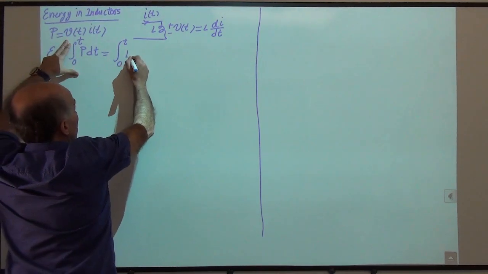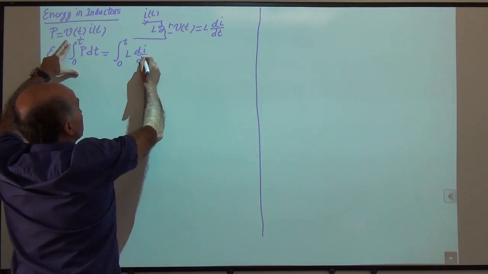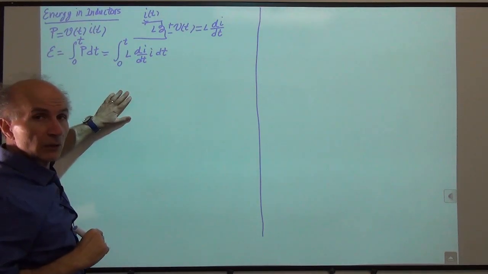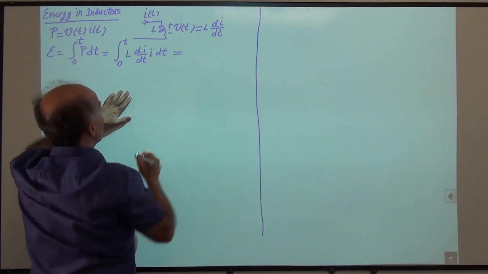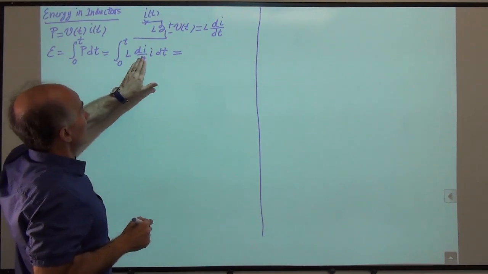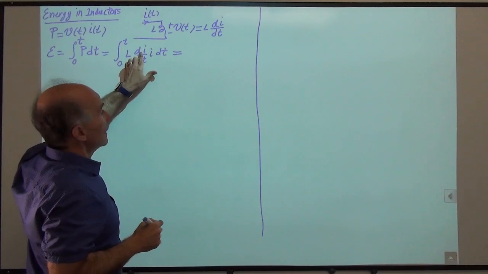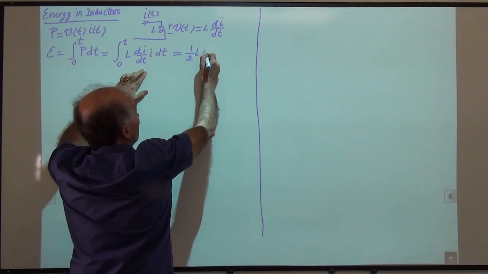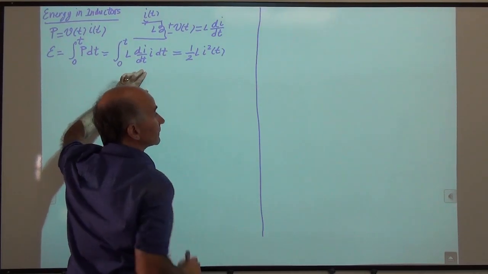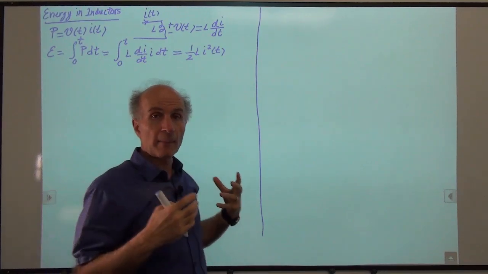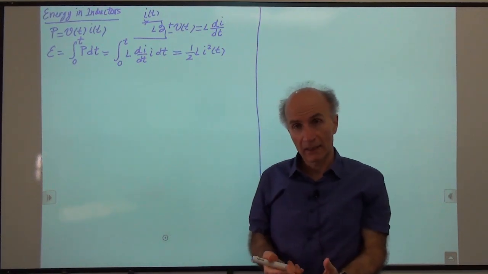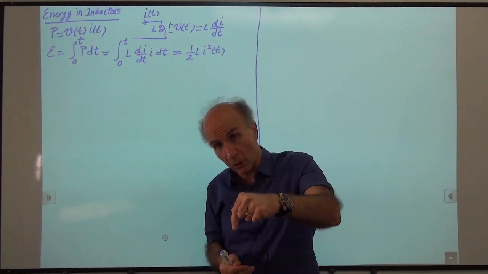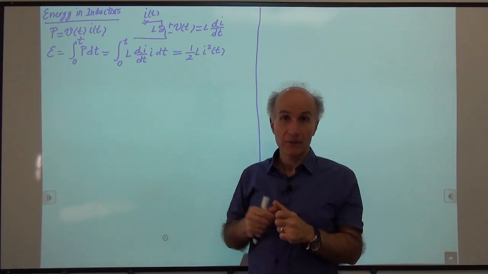So I have L di over dt times I times dt. Now you can see that this L comes out, you can cross this dt with this dt, and you have I di, so that becomes 1/2 of I squared. So we have 1/2 of L I squared of t. So the amount of energy stored in an inductor is given by 1/2 times the inductance times the current at that moment through the inductor, squared.